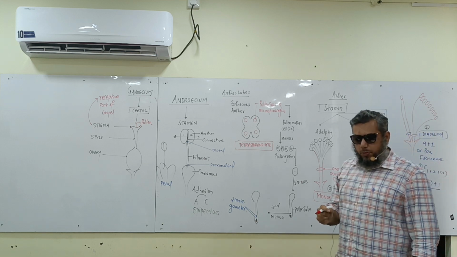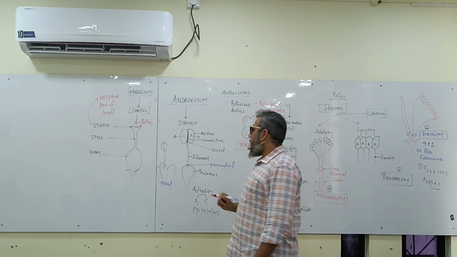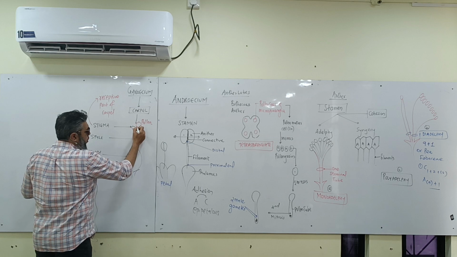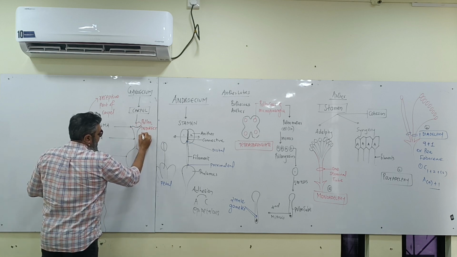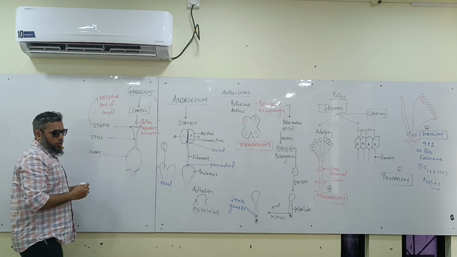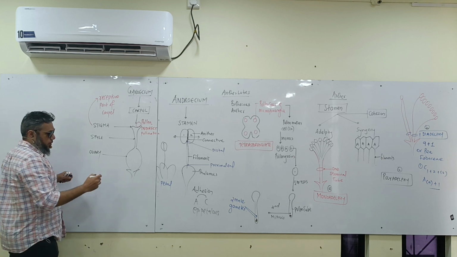Okay, have you studied gymnosperms? Kingdom Plantae? No. Okay. So this pollination, where the pollen grain falls on the stigma, is called as indirect pollination. So how is the pollination in angiosperms? Indirect pollination.